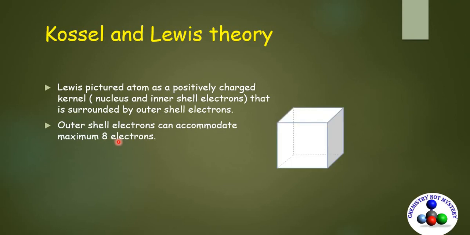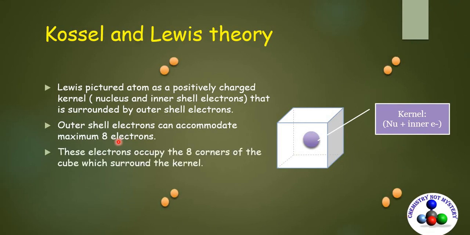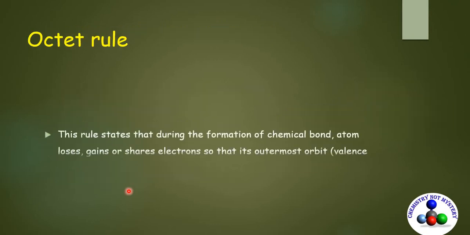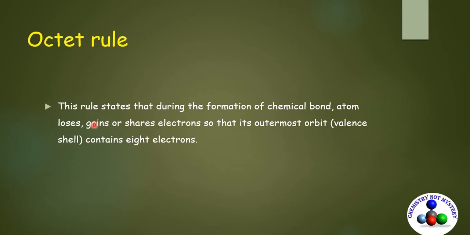Lewis also pictured these electrons occupy the 8 corners of the cube which surrounds the kernel.